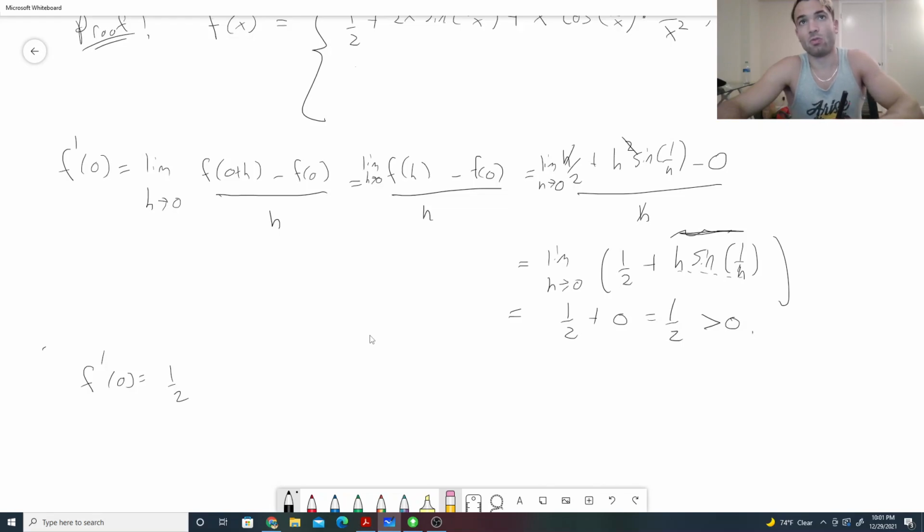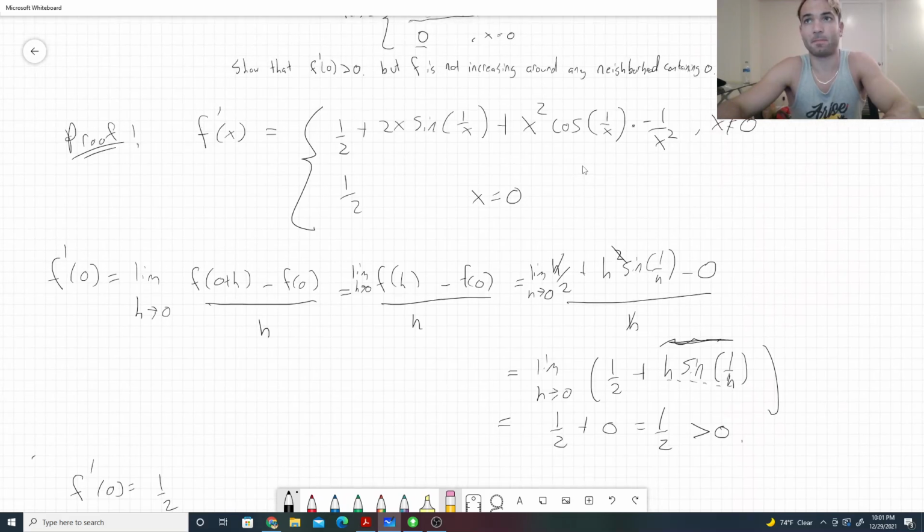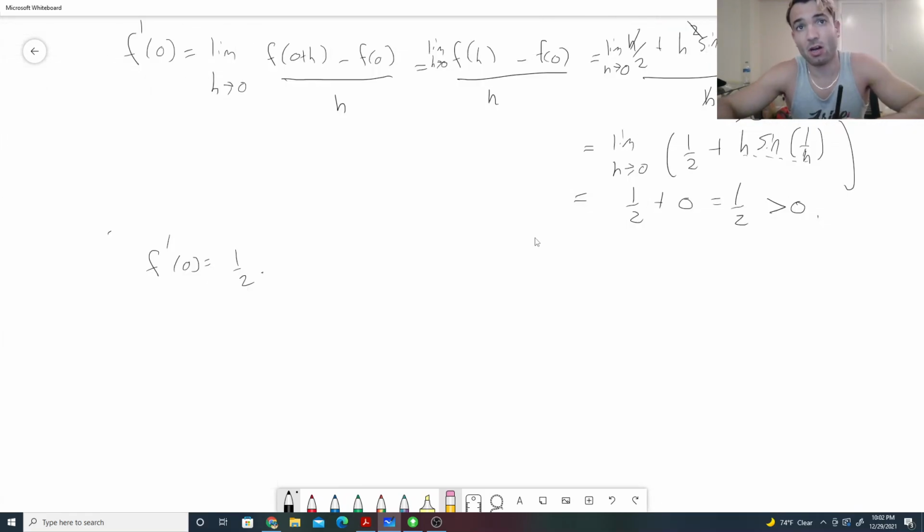So really this is our derivative function, in general, and the derivative at 0 is 1/2.